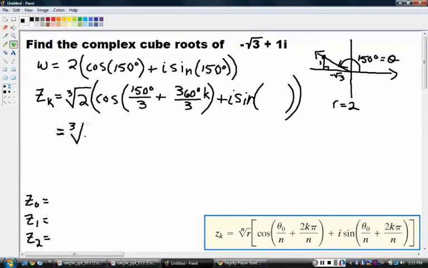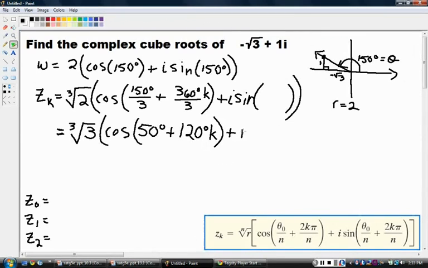So, simplify. 150 divided by 3 is 50 degrees. And I'm going to be adding to that 50 degrees, 120 degrees k. Plus i sine, and the same thing goes in there. Alright, moving on. So now, this is the formula that I'll use to get my three answers.